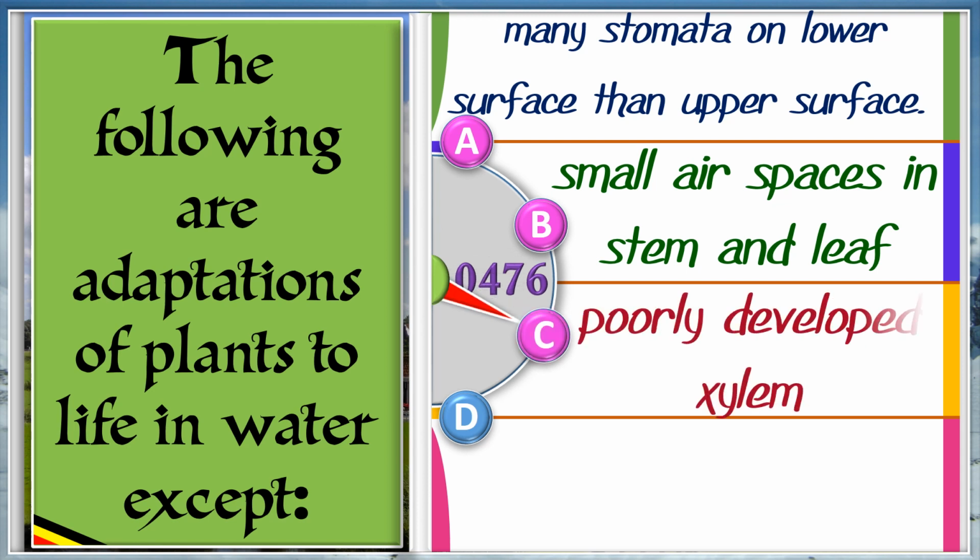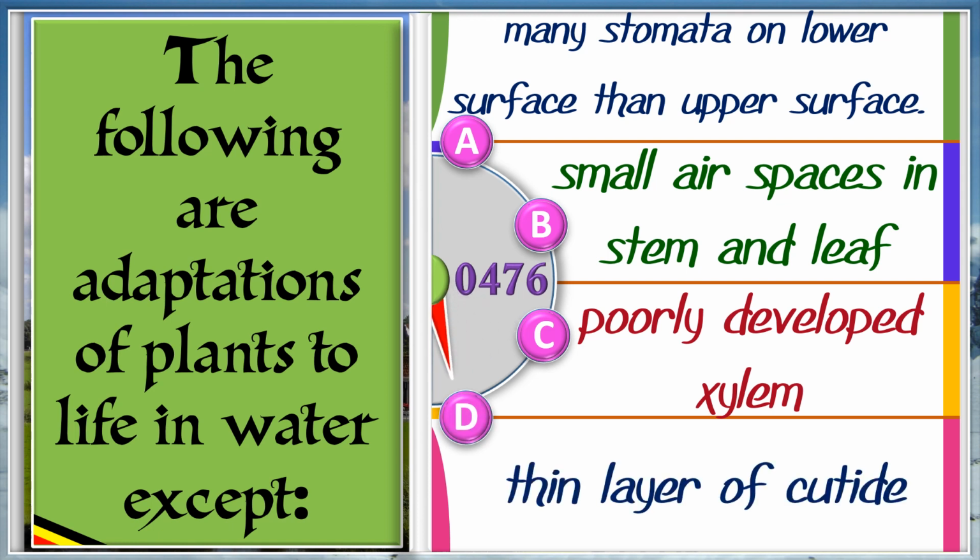C. poorly developed xylem. D. thin layer of cuticle. And the answer is A. many stomata on the lower surface than the upper surface.